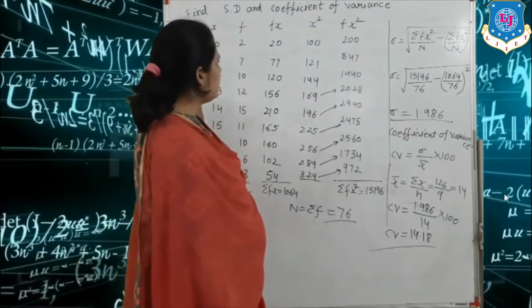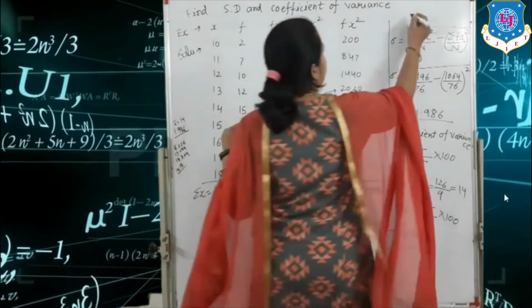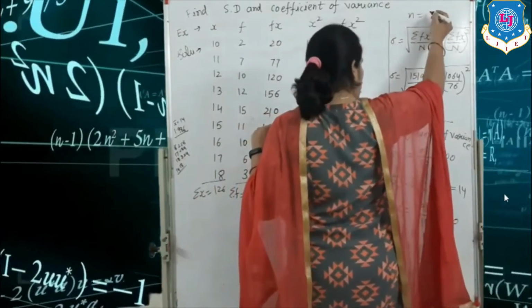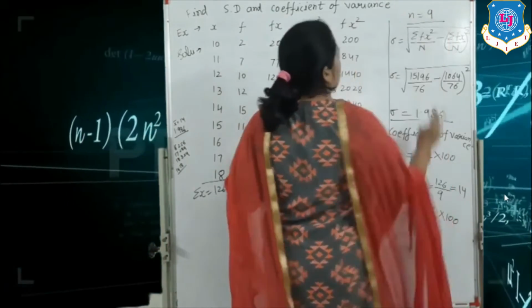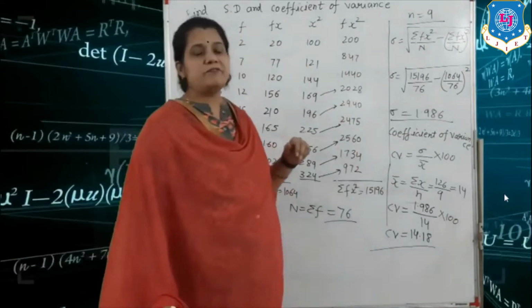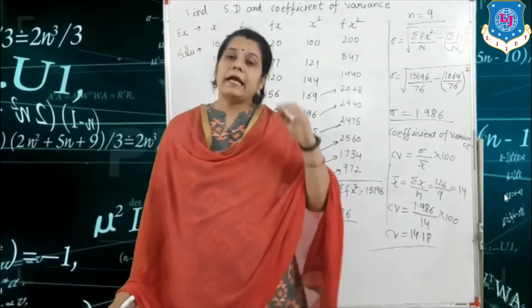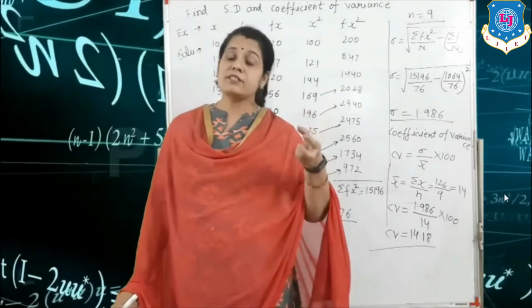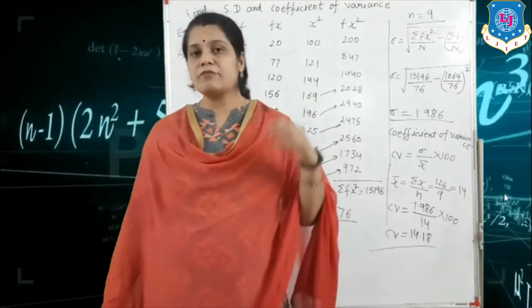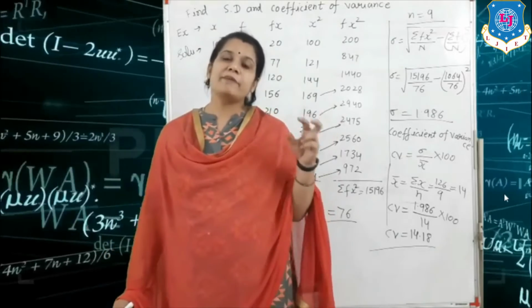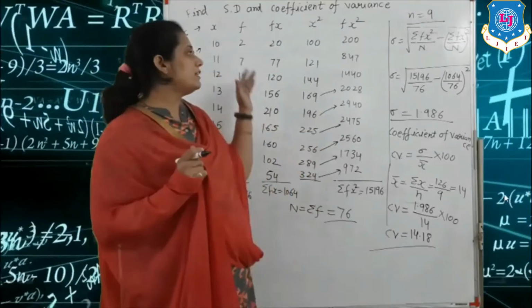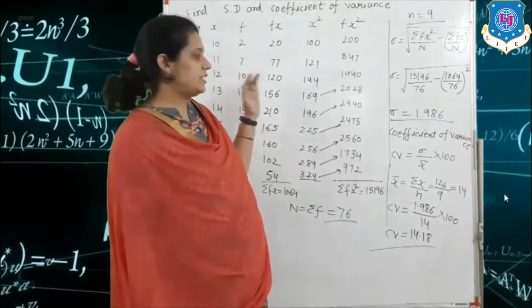Okay, so always keep in mind, first you write n is equal to number of terms, which is 9. Always listen carefully to what your question is, and according to your question, first write the formula, because with the help of the formula we can very easily find the solution.